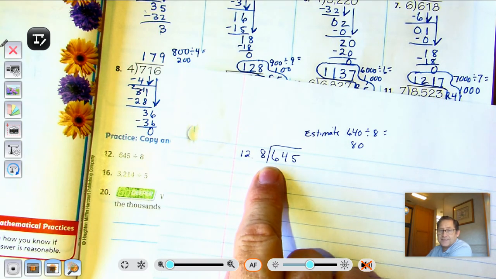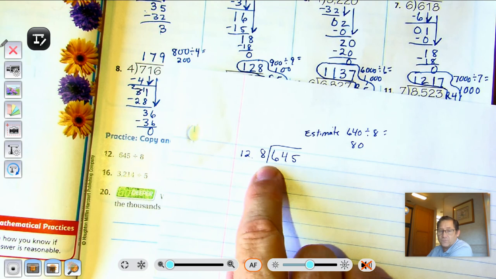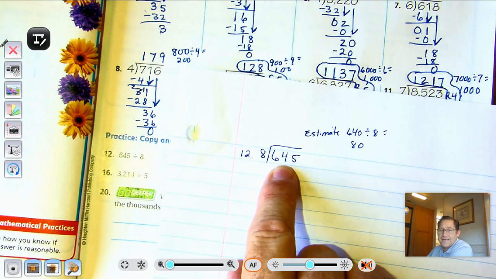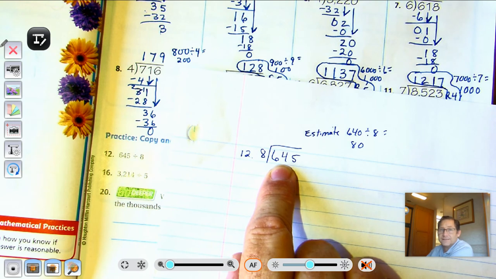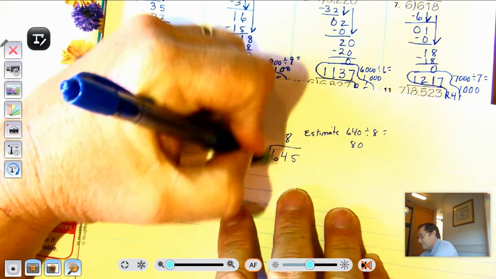So let's take the 600s and make them 60 10s plus the 4 10s. So we're going to say this is 64 10s. Sorry, 640 is 64 10s. So 8 times 8 is 64.